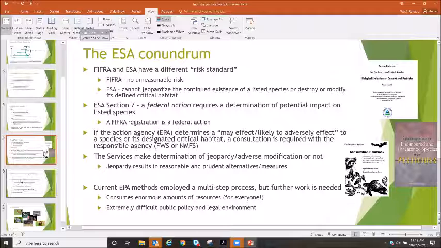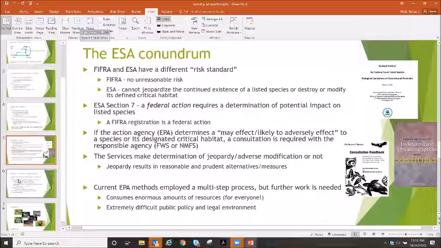If yes, then consultation is required with the agencies responsible for the species, Fish and Wildlife Service or Marine Fisheries, depending on the species. Then the services themselves make the determination of jeopardy and adverse modification, which could result in requirements or changes to the FIFRA registration.